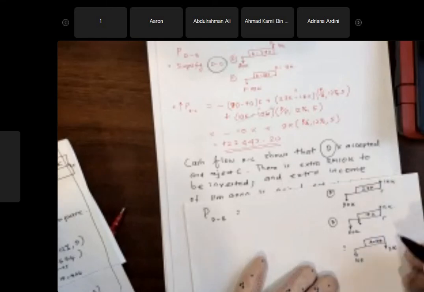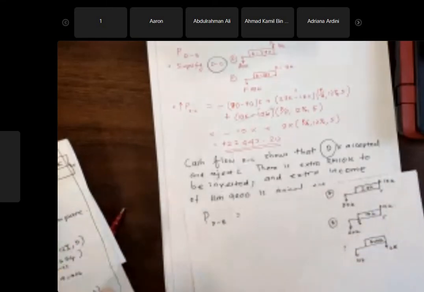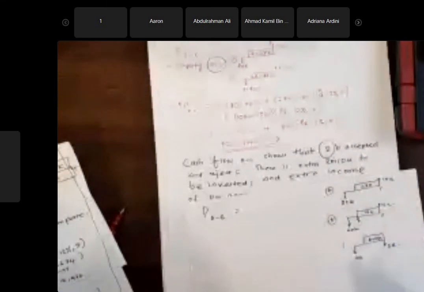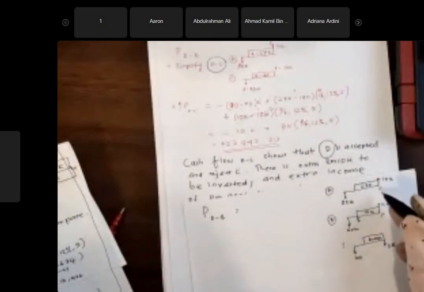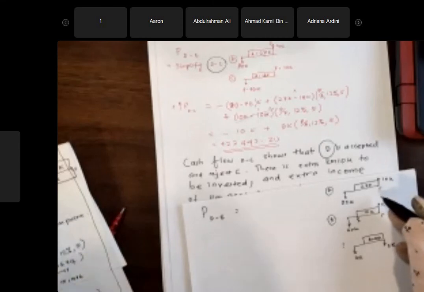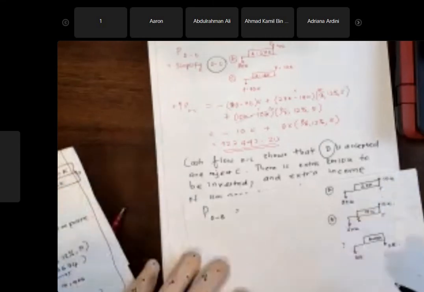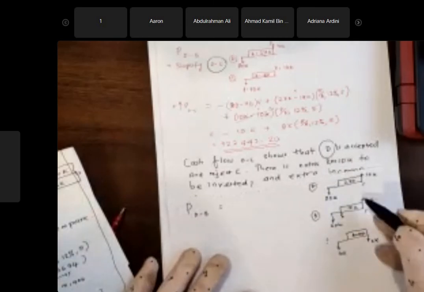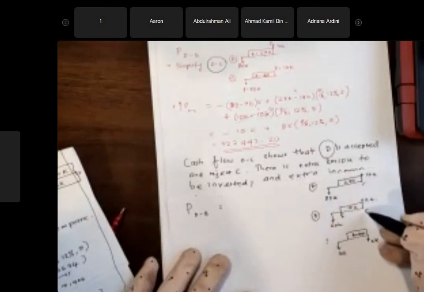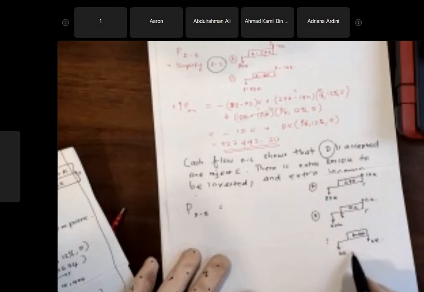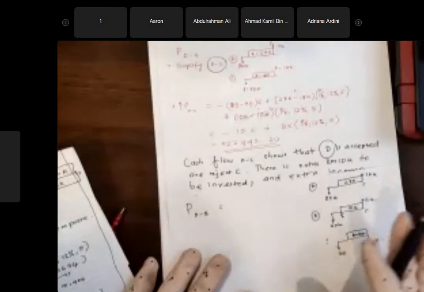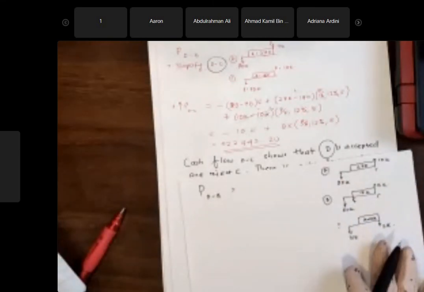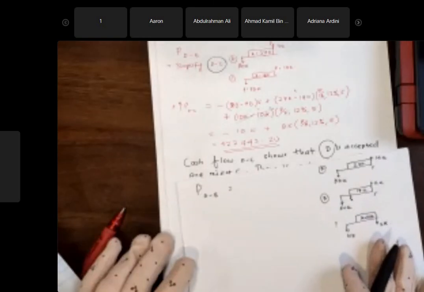But you can see the picture of what it will be. That means D minus B, you can get this one. But don't get confused, you still have to do the PA.